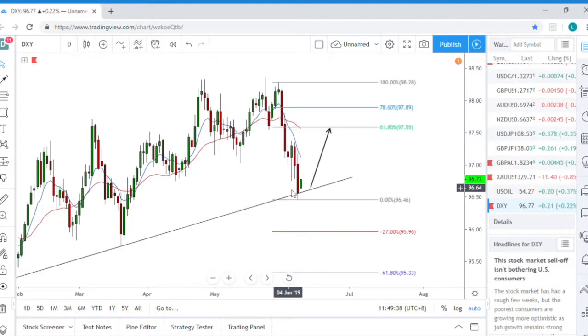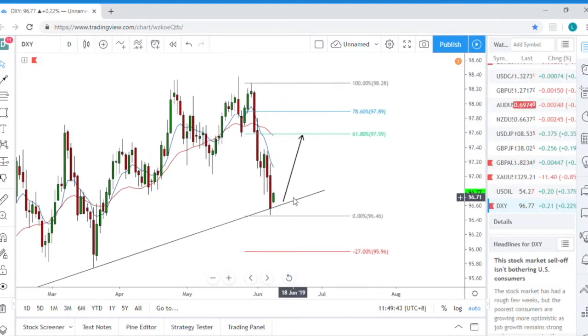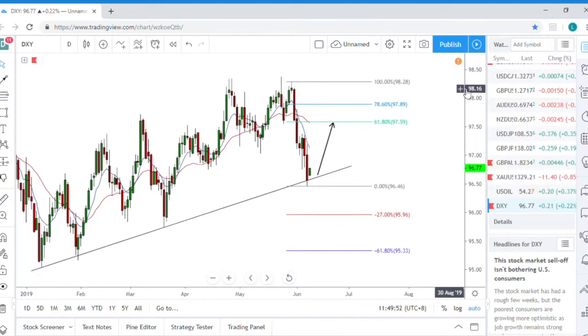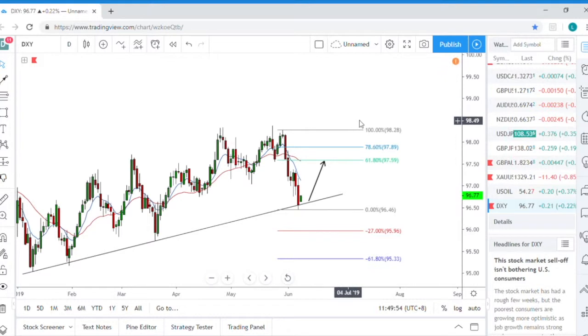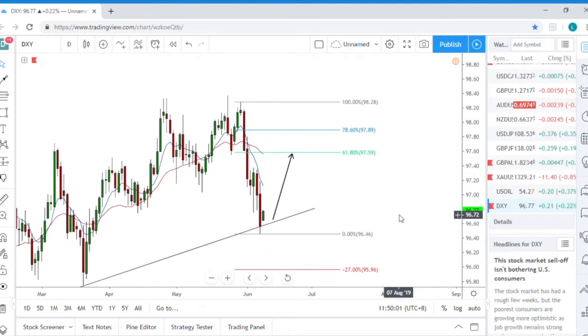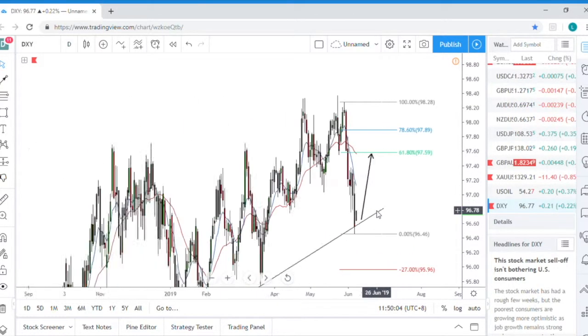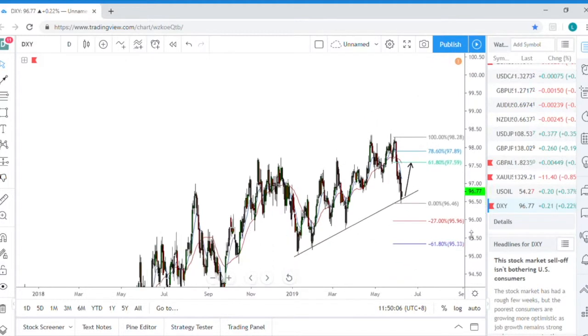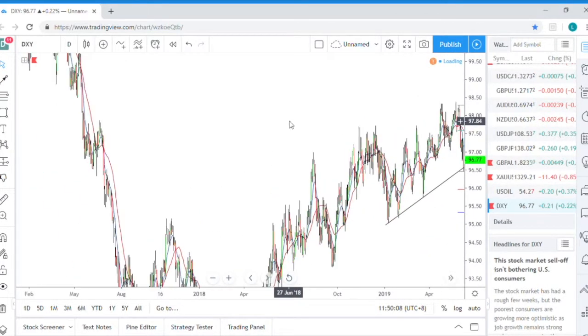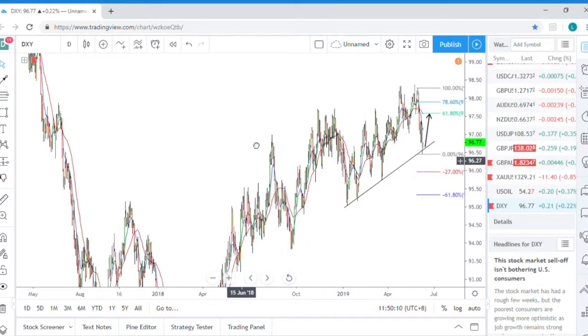If this fourth drive does sustain above 96.5, we might see a dollar index rebound. Our first target will be the Fibonacci level, 61.8. If it manages to close above this 61.8 level, we might hold the order to create a new higher high, around 98.5, 99. 99 was back so many years ago, when the price was around the 99 region.